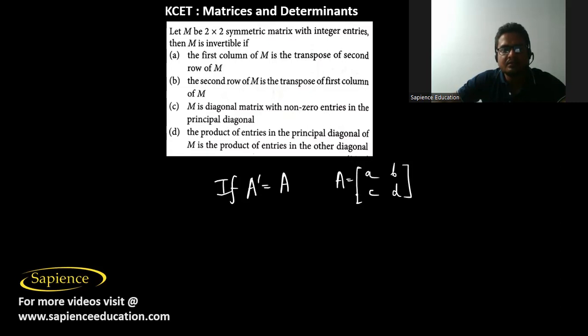Invertible and symmetric matrix. A transpose is equal to A. So A transpose is A means that A will be equal to A transpose, that is A, C, B, D. So it means that B should be equal to C, obviously.